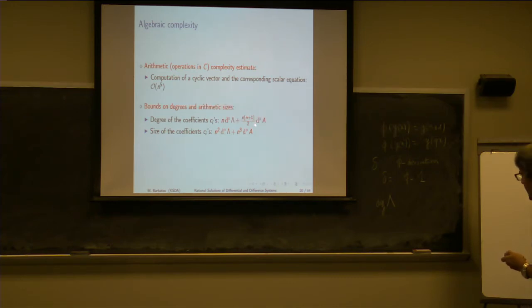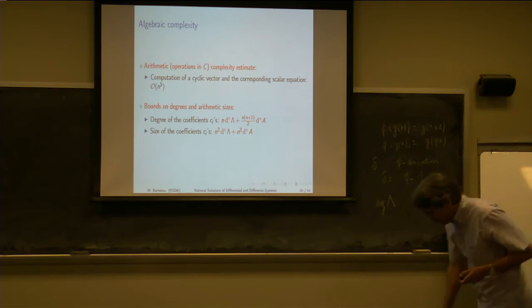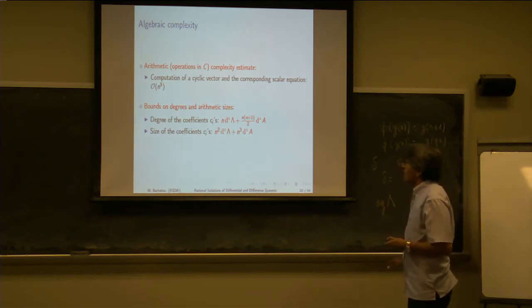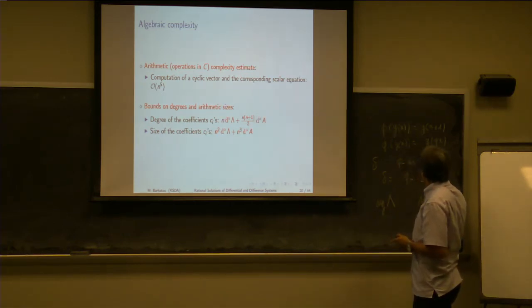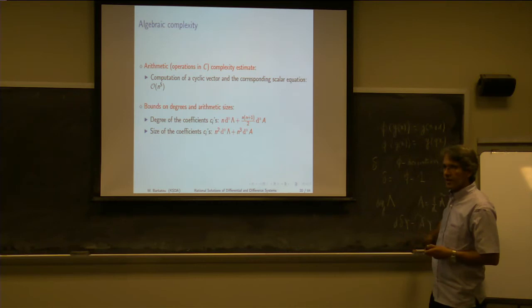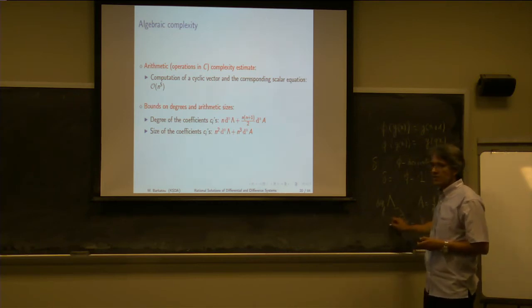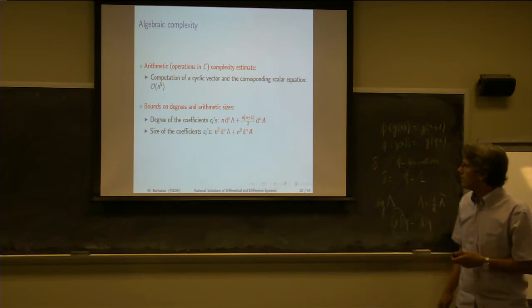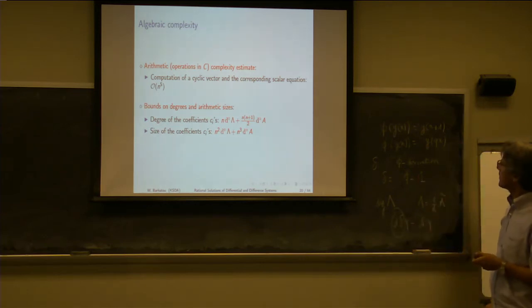If it has rational entries, then if you have some denominator A tilde, you can write the system as delta y equals A tilde y, and now this A tilde has polynomial coefficients, and you take this as derivation, and you get a cyclic vector with a scalar equation with derivation d times.